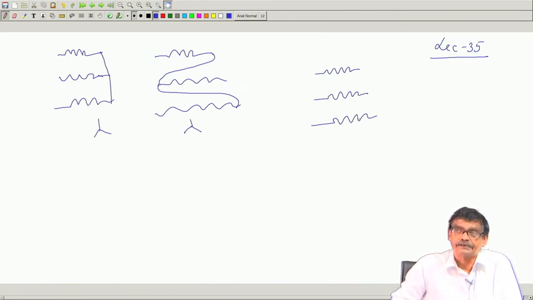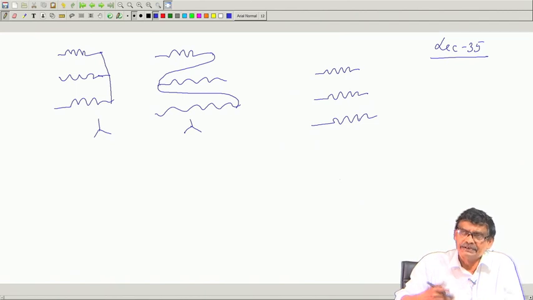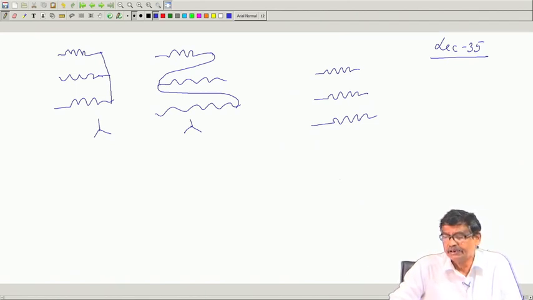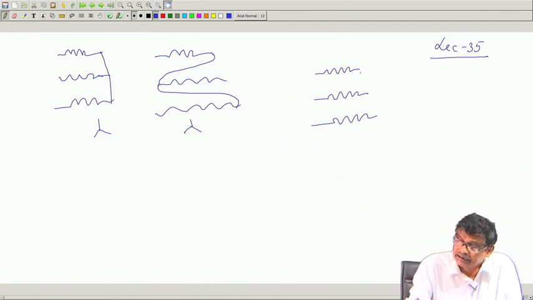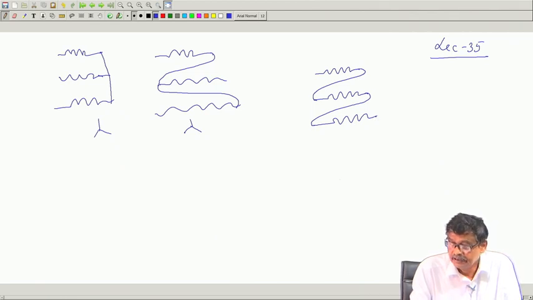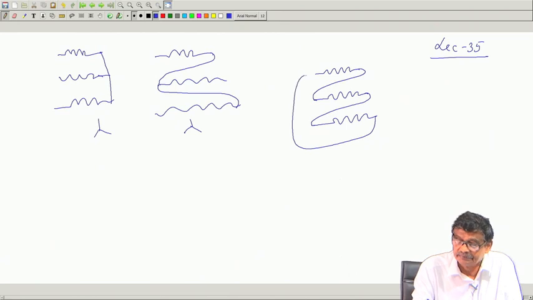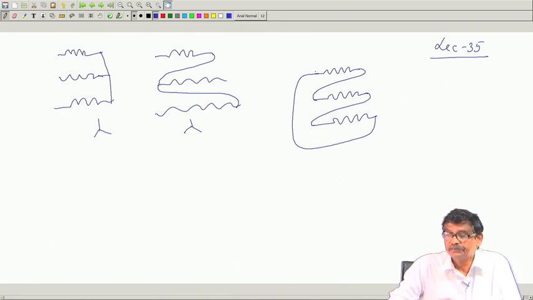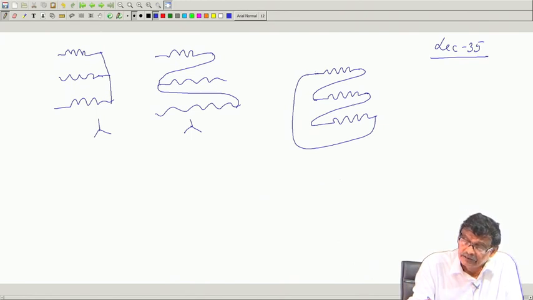In language we tell it: connect them in series first, and close this path, it becomes a delta connection, and from the junctions you take the output.